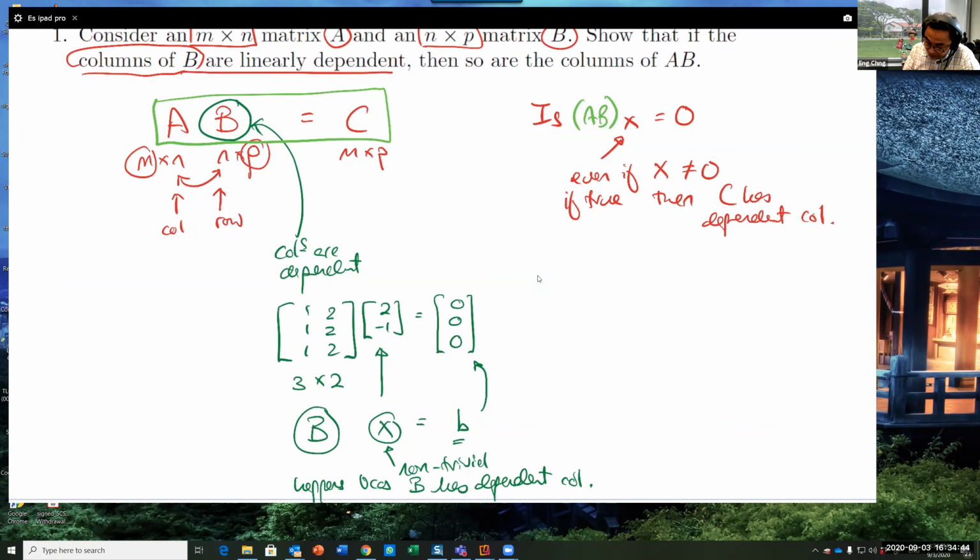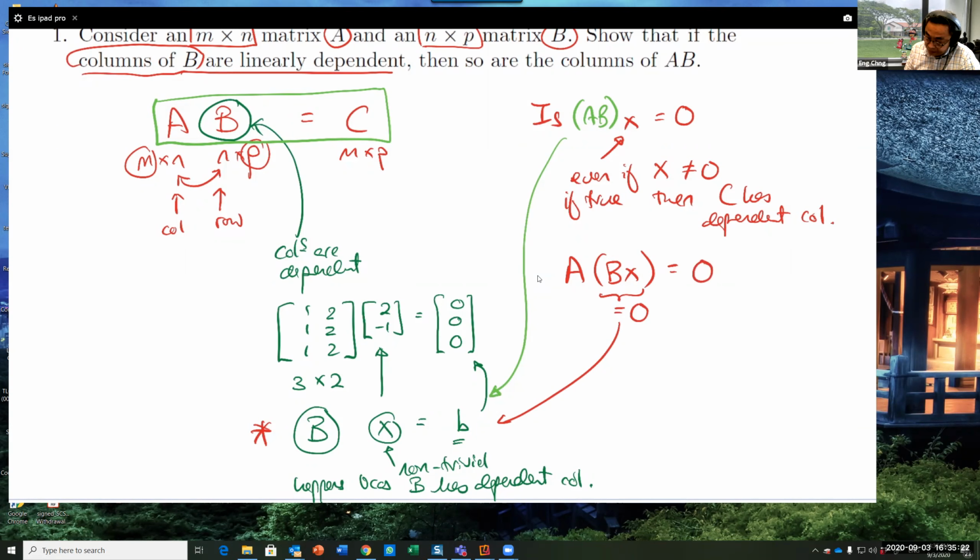But we know from the fact that B has dependent columns, we can find an x that is non-zero and yet the output is 0. Because A multiplied by Bx, because Bx is the 0 vector, the output is surely 0.